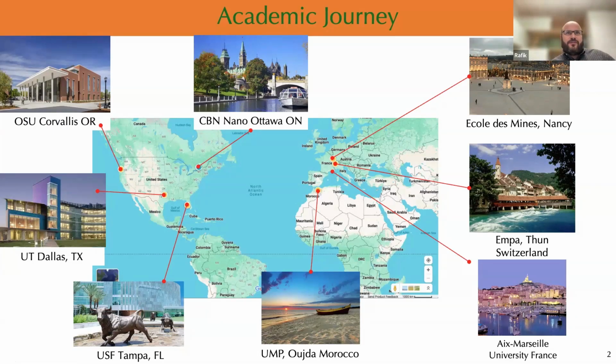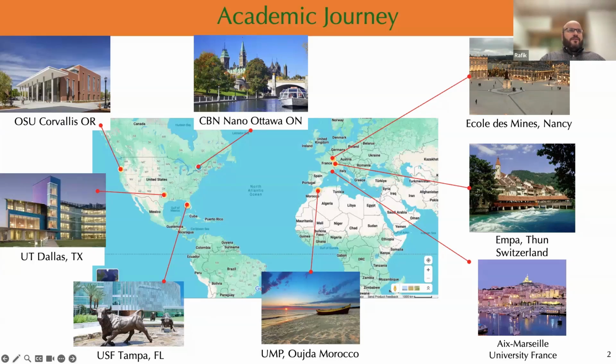My first master was in theoretical physics, cosmology, and astrophysics. Then I switched to physics and nanoscience. Then I started my PhD in the northeast of France at Nancy, at the School of Mines, in collaboration also with EMPA in Switzerland, but they have recently moved to Zurich.